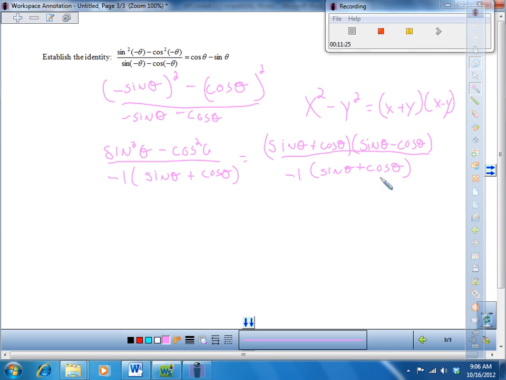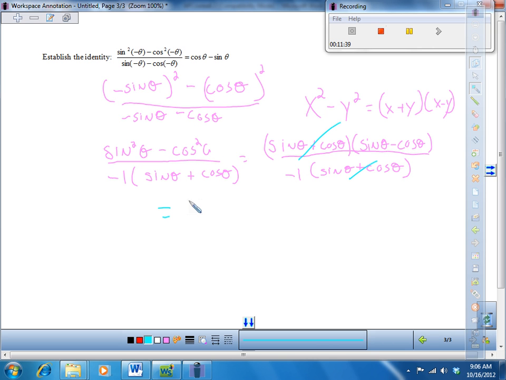Now what could I do? Now I could cross something out. What could I cross out? This and this are the same, so I could get rid of it. Right? And when I divide that by negative 1, this turns into negative, which is what I have up here. And this, a negative divided by a negative, is equal.